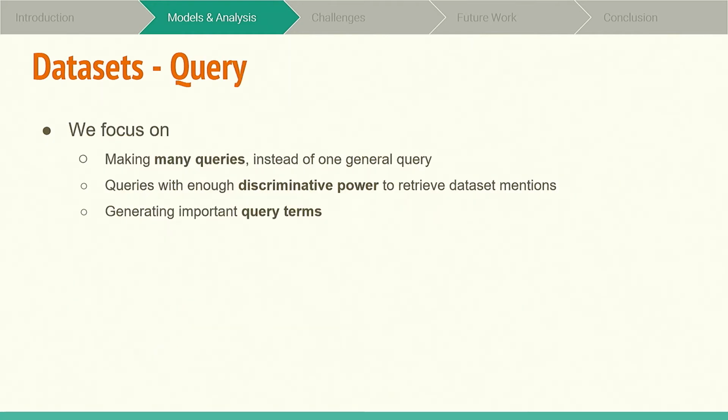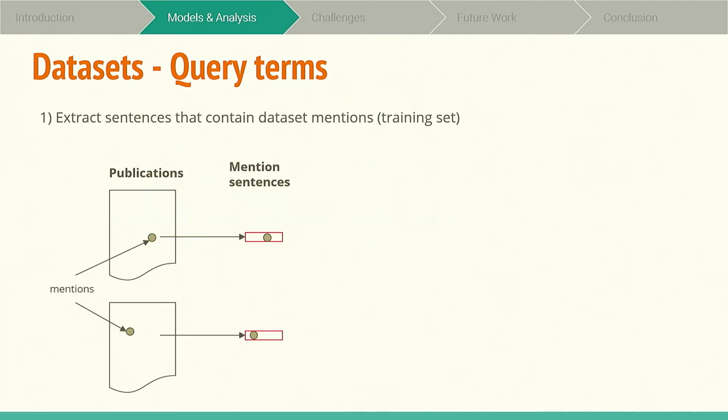So instead of creating this kind of general query, we try to create very specific queries, but with a lot of discriminative power. In order to build these queries, first we created a list of important query terms. We did it this way. Using the training set, we obtained the dataset names and the full sentence in which they appear.